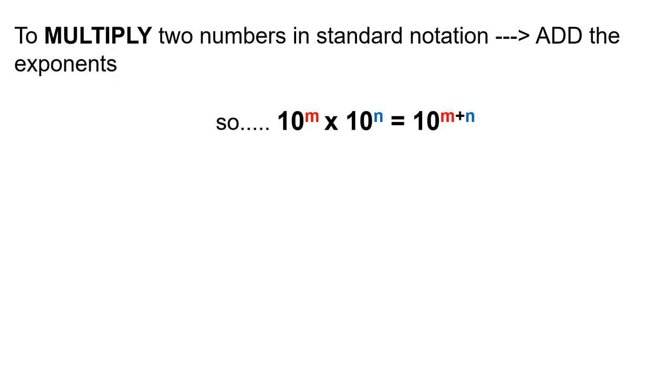So if you're having 10 to the power of m times 10 to the power of n, then you have 10 to the power of m plus n. For example, 10 exponent 4 times 10 exponent 2 is equal to 10 exponent 4 plus 2, which is 10 exponent 6.